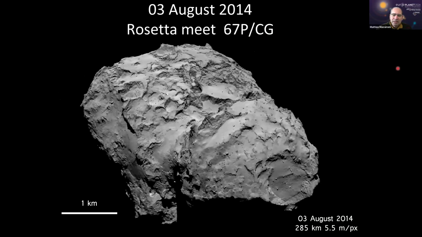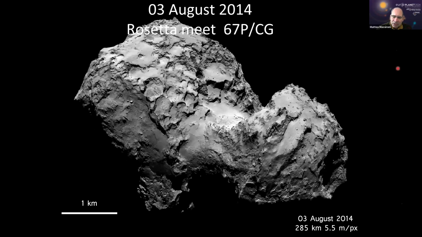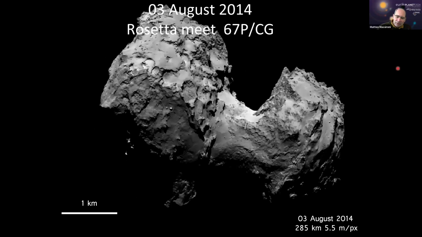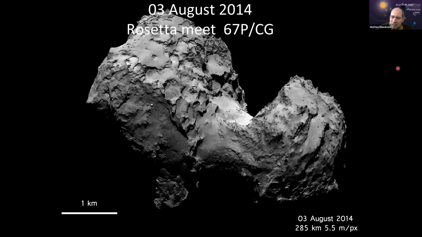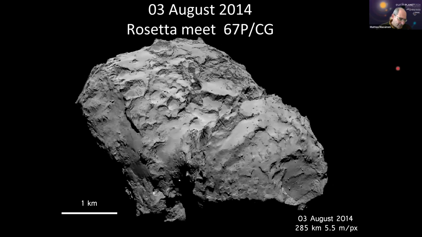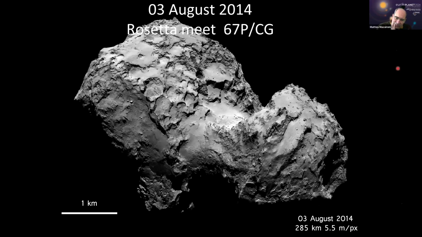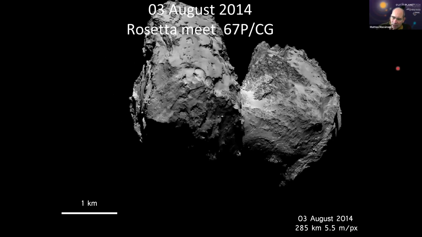You see steep cliffs, terraces, circular features, blocks, smooth material, dark material. And the comet you see here is pretty dark because it's full of organics on its surface.